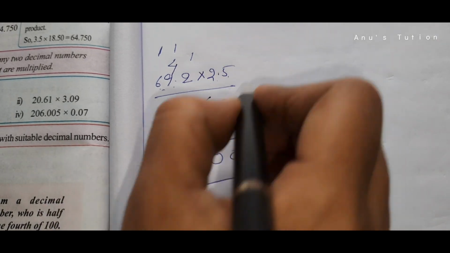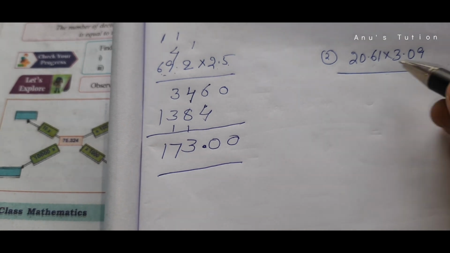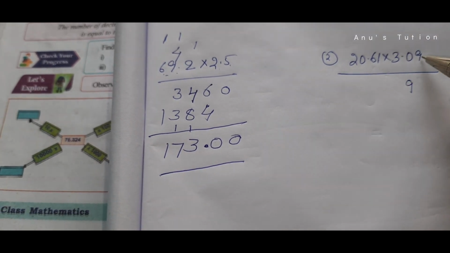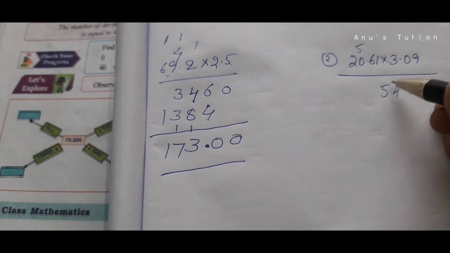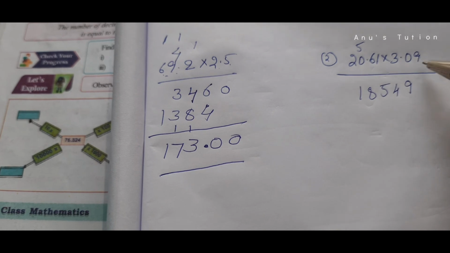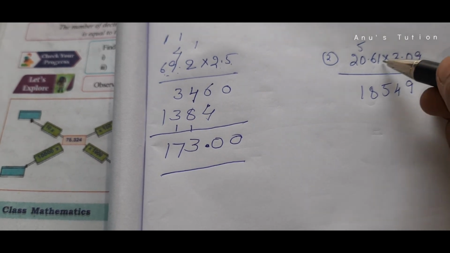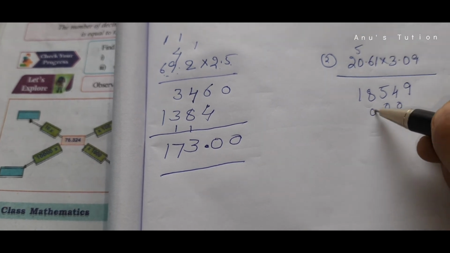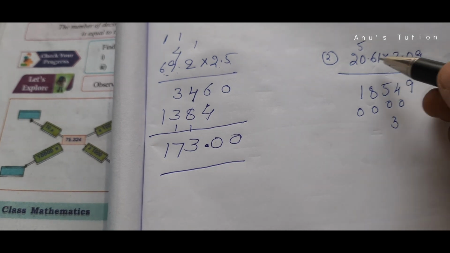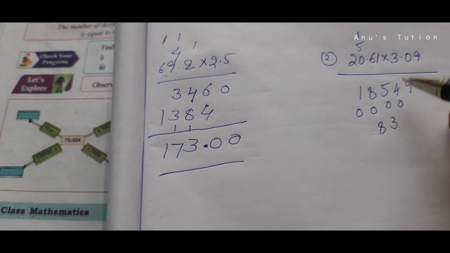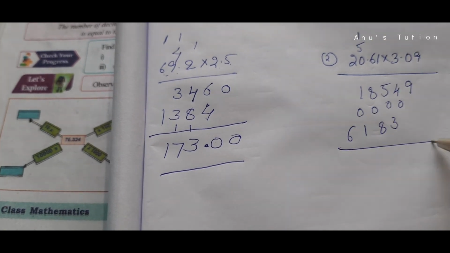This is the multiplication of decimal numbers. First one is completed and here is the second one. 9 ones are 9, 6 nines are 54, 9 zeros are 0, 5, 9 twos are 18, 9 is completed. Next 0, any number multiplied with 0, we will get 0. Next 3 ones are 3, 6 threes are 18, 3 zeros are 0, 1, 3 twos are 6.